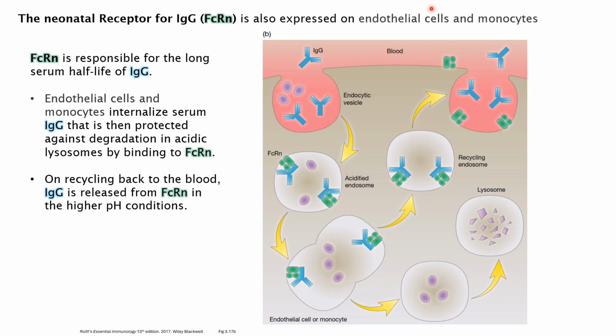Understanding of the Fc receptor and the nature of the interaction with various structural regions within the Fc fragment of antibodies is also being used to generate improved therapeutic antibodies.